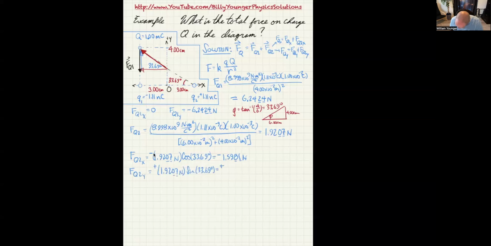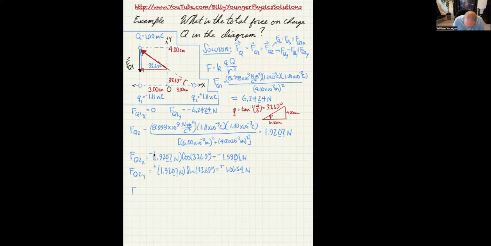This will give us positive 1.9207 times sine 33.69. That gives me 1.0654 newtons for the y component.